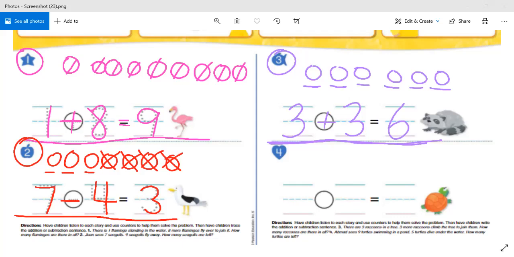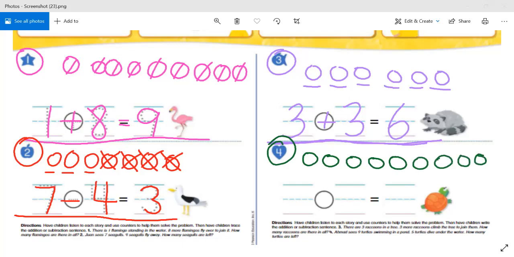Let's go to our last problem here. There are 9 turtles swimming in a pond. So let's put 9 counters. 1, 2, 3, 4, 5, 6, 7, 8, 9. 5 turtles dive under the water.